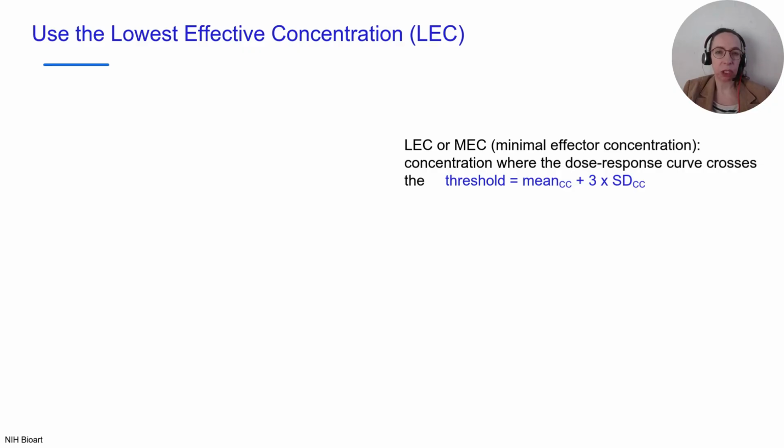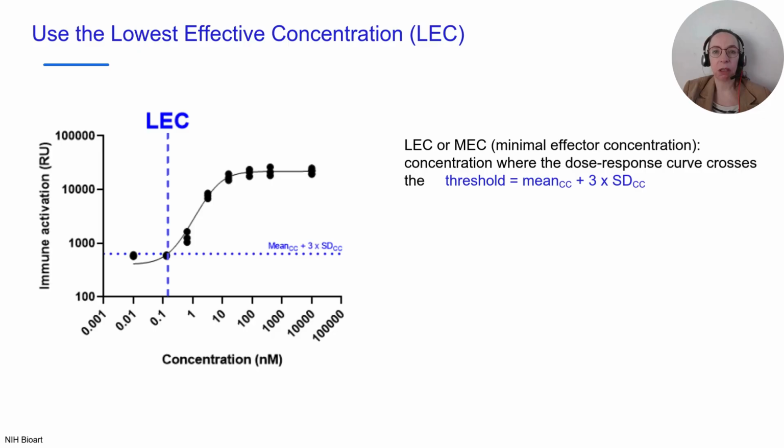This concentration is defined as the concentration where the dose response curve crosses the following threshold of the mean or median of the cell control plus 2 or 3 times the standard deviation of the cell control. This is illustrated here on the graph on the left.